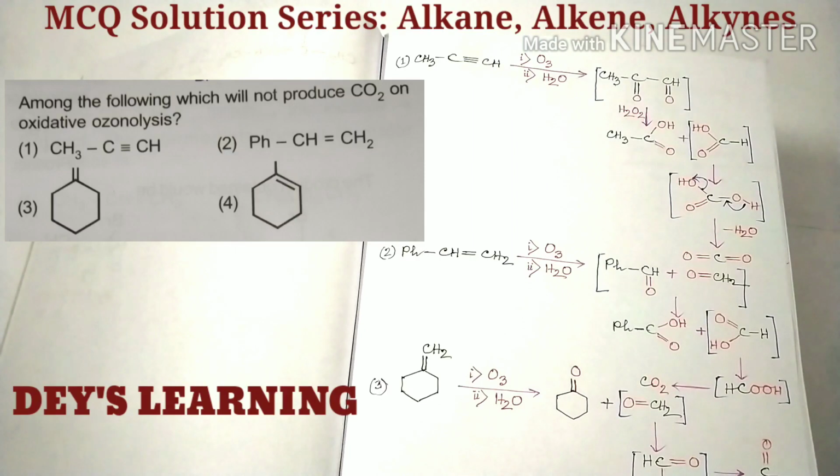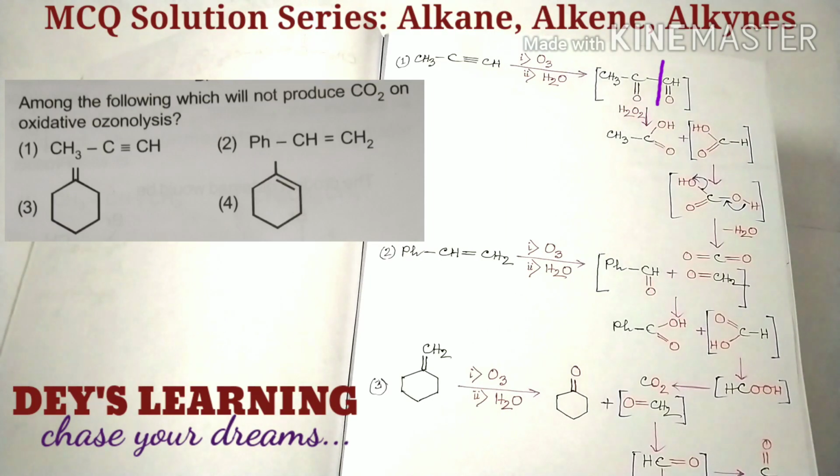Then oxidative ozonolysis means no zinc dust is added, so hydrogen peroxide is produced, which will oxidize the two carbon atoms, carbon containing the oxygen atoms. Here this is an oxidative cleavage. This carbon-carbon bond is broken down, and two OH groups are attached.